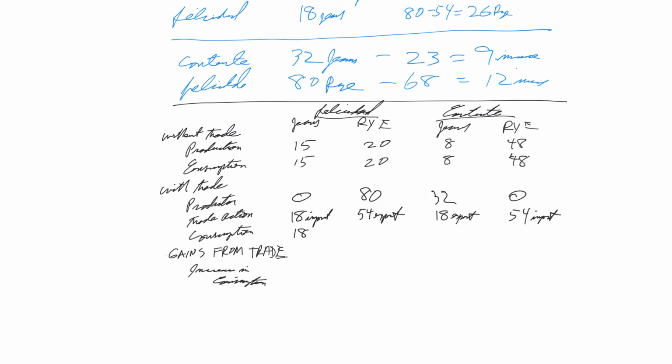And if they're producing 80 rye and exporting 54, we're refiguring this out, we already did this earlier, just doing it again to review. So 80 minus 54. Anybody get out their fingers? If you're still awake. And we do the same thing for Contente. I'll spare you and just write it in.